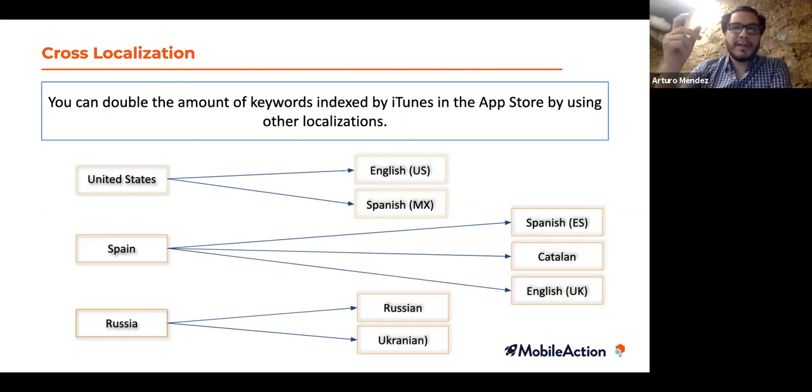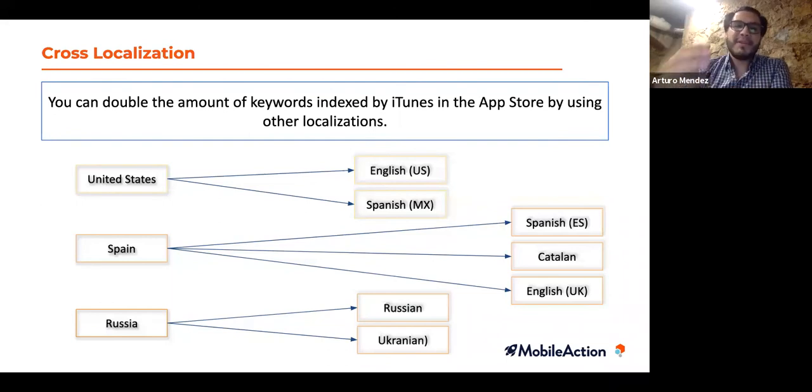So if you can double that, you can literally double the possibilities to get more downloads and more traffic organically. So for the United States, in English, it indexes the English from the United States as well as Mexican Spanish, which is indexed in Latin America and also the United States.